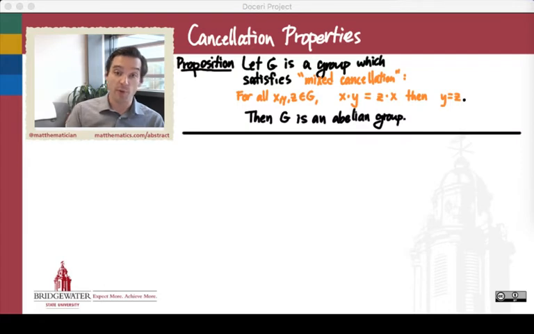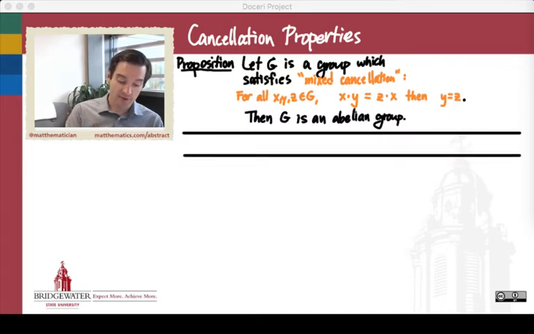So we know every group has left cancellation and every group has right cancellation. But if this thing that we're about to prove is true, it shows that any group which has this mixed cancellation property must be an abelian group. Which, by the way, before we go any further, let's understand why this is interesting.